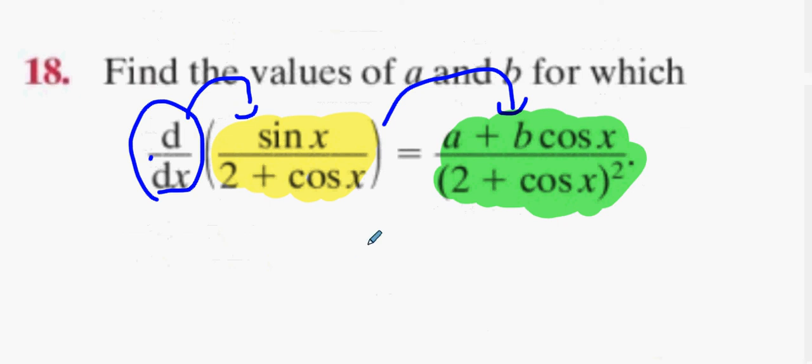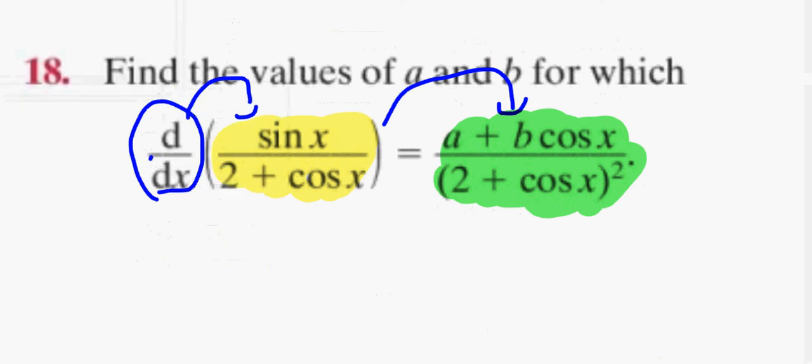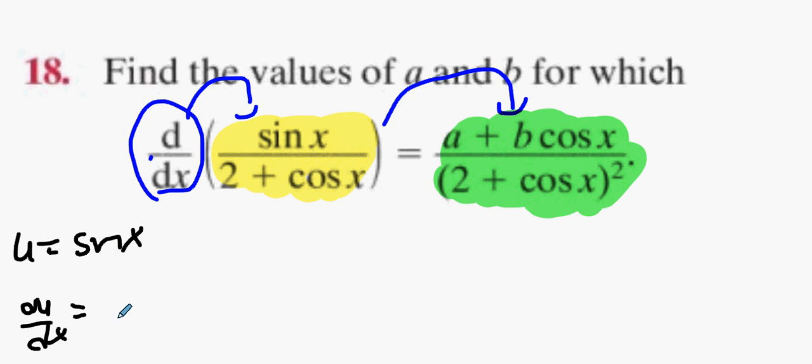Alright. Now, alright lads. u equals sine x. What about the du dx, lads? v equals, what is it? The dv dx.